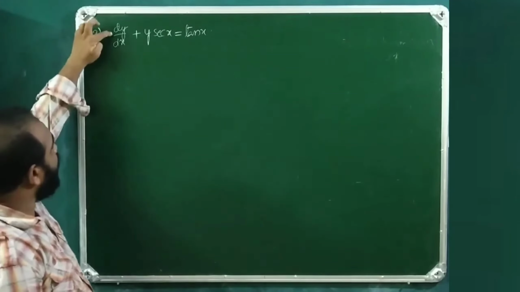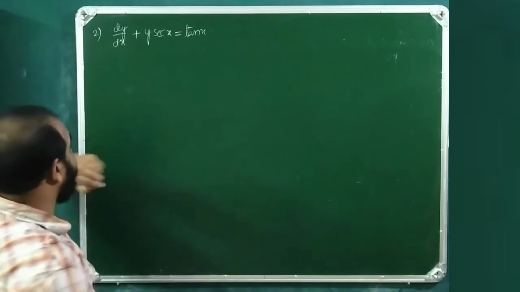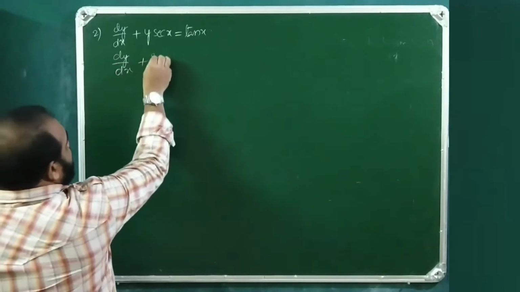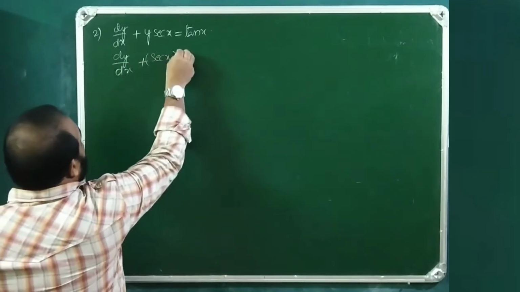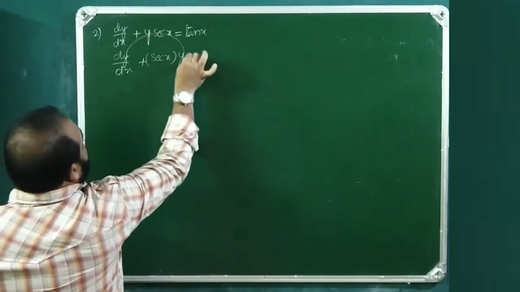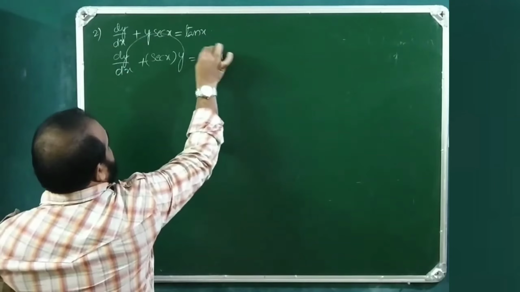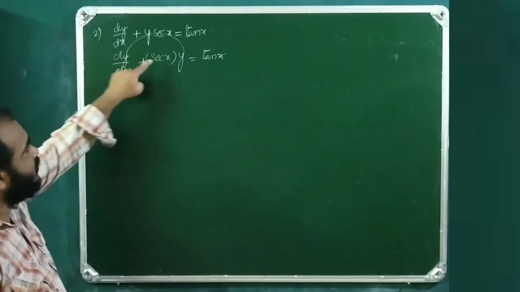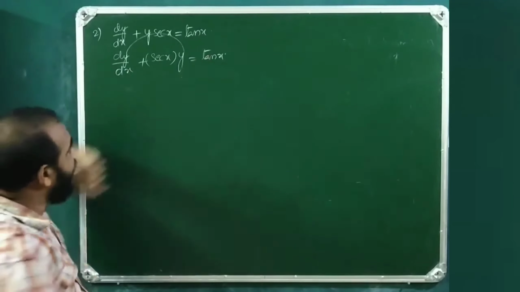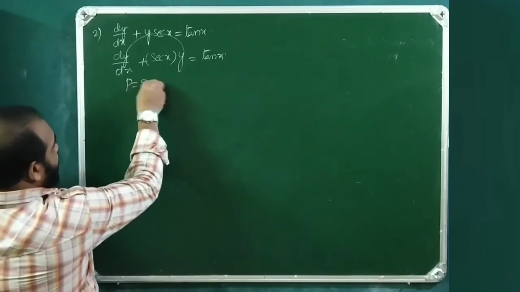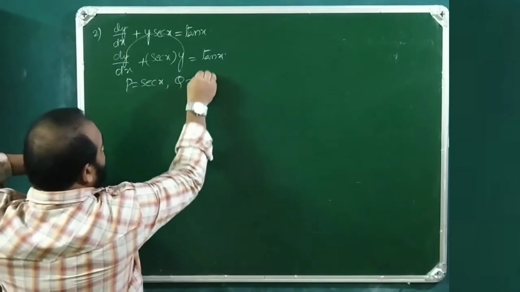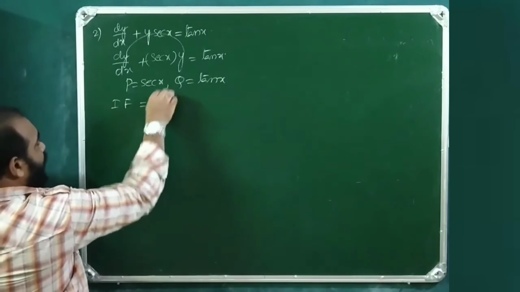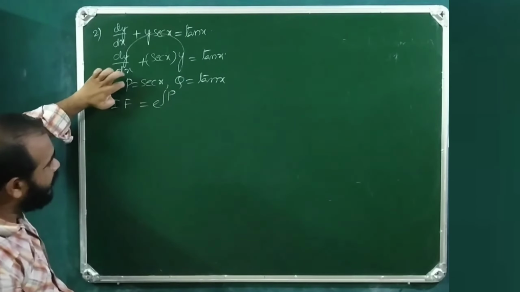See this question, dy by dx plus y secant x equals tan x. This can be written as dy by dx plus secant x into y equals tan x. So this is clearly of the form dy by dx plus py equals q, where p is secant x and q is tan x. So the integral factor is e power integral p dx, since p is in terms of x.